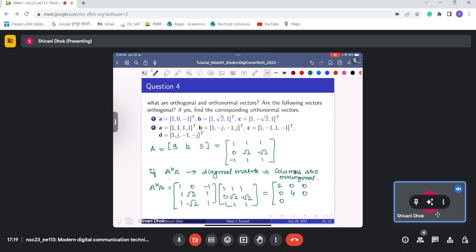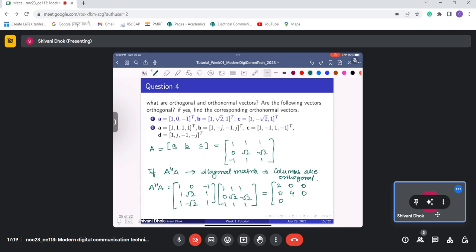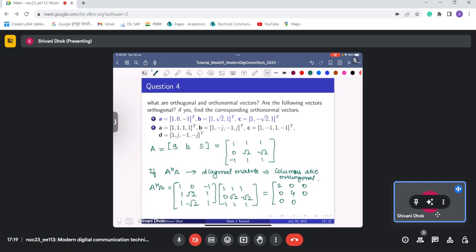And again this part here, 1 minus 2 plus 1, that is 0. And then we have 1 plus 2 plus 1, that is 4. So this is diagonal, and hence the columns are orthogonal.